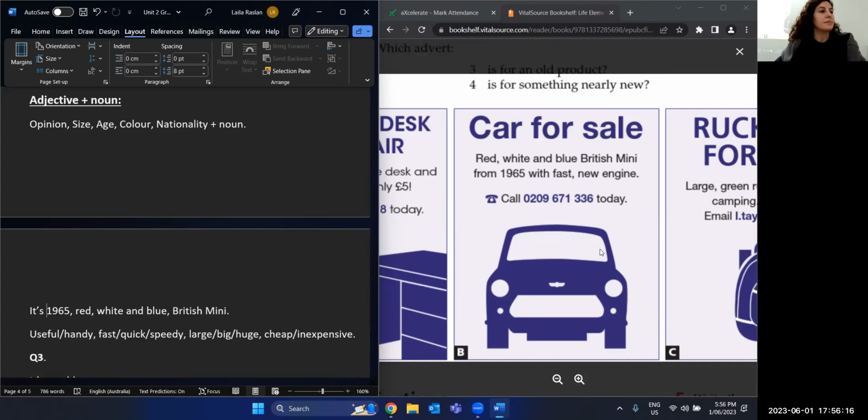Engine. What do we know about the engine? Looks like I only have new. So the age, I can write new. Fast, yeah, it's a fast engine.